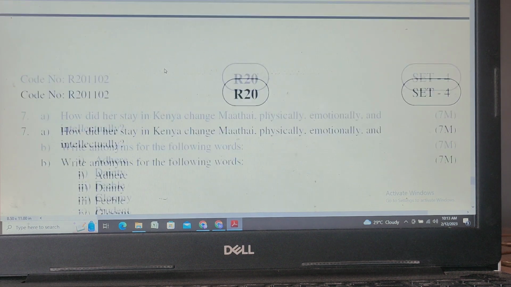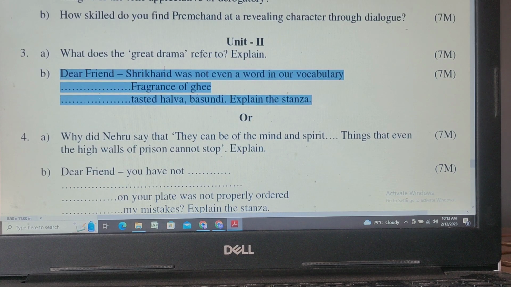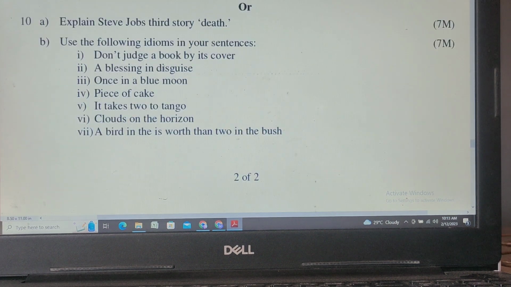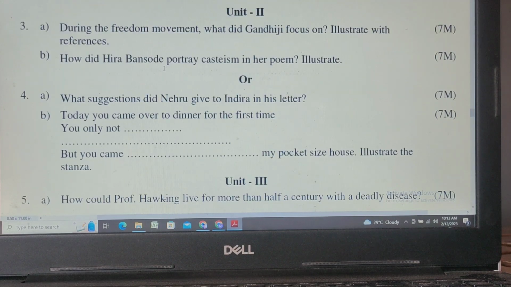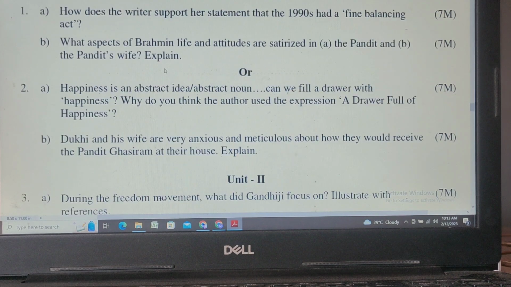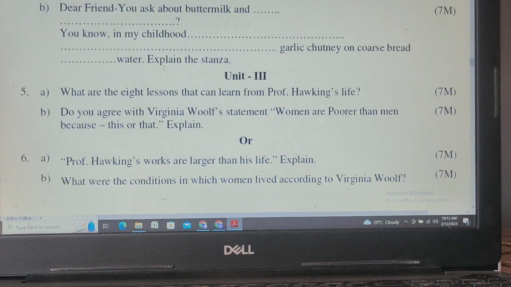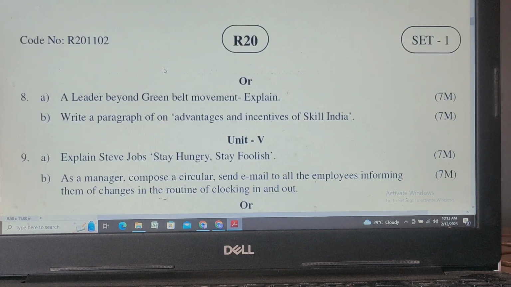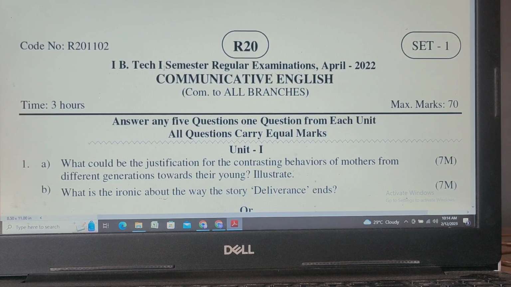That means, see, I request the students not to panic, because there's nothing for you to worry. I am again and again trying to tell you, please read essays like Drawer Full of Happiness, Deliverance, which helps you to get through your unit 1, and Nehru's Letter, Bosom Friend, to answer unit 2, Shakespeare's Sister, Stephen Hawking's, to answer unit 3, Mathai, and leave the rest of the other part, because those are all general questions and we don't know what question we are going to get in each set, because in one it is prepositions, one it is paragraph, one it is dialogue, and one it is essay writing.